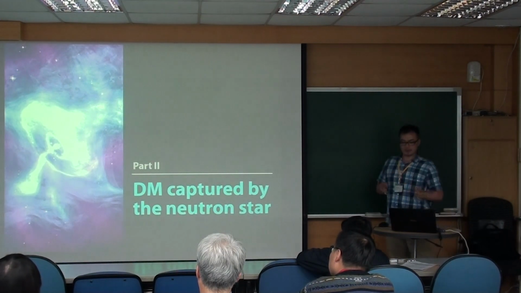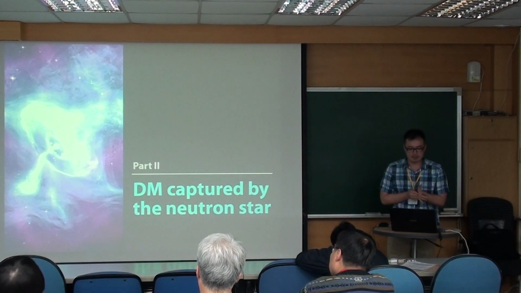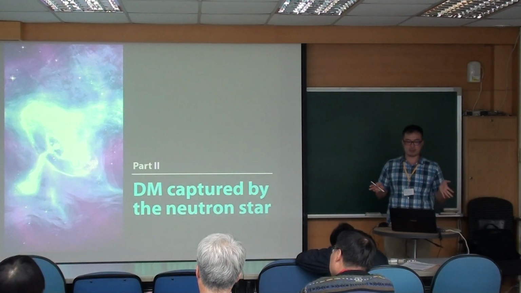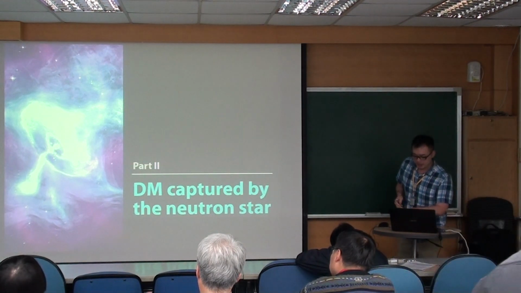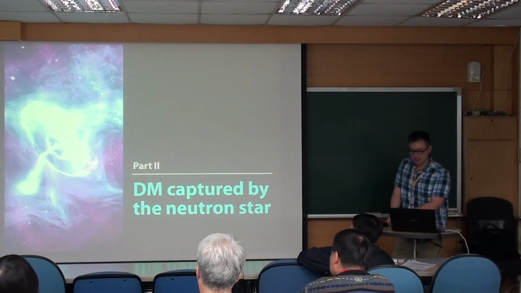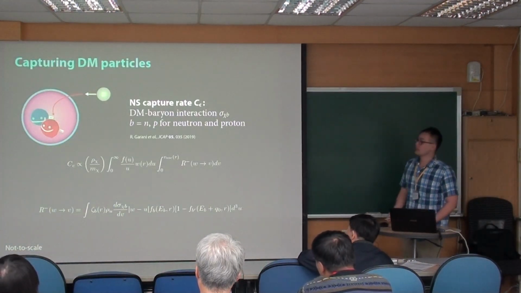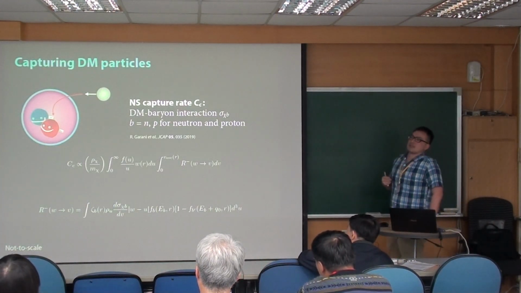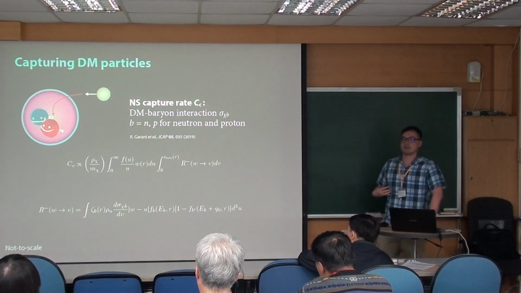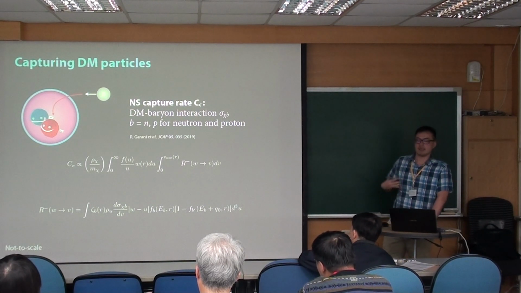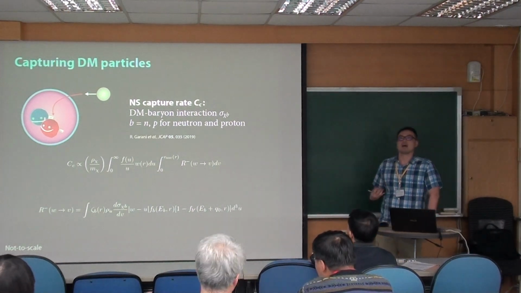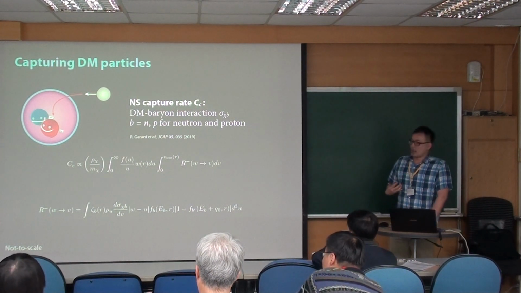Okay, so now I have briefly introduced some evidence for dark matter as well as why we need dark matter self-interaction. So let me move on to how a neutron star can capture dark matter particles. Imagine that there is a neutron star circling around the Milky Way. It constantly encounters lots of dark matter particles in the halo.